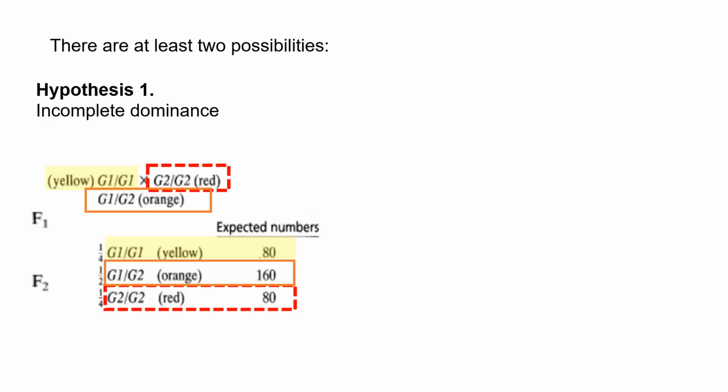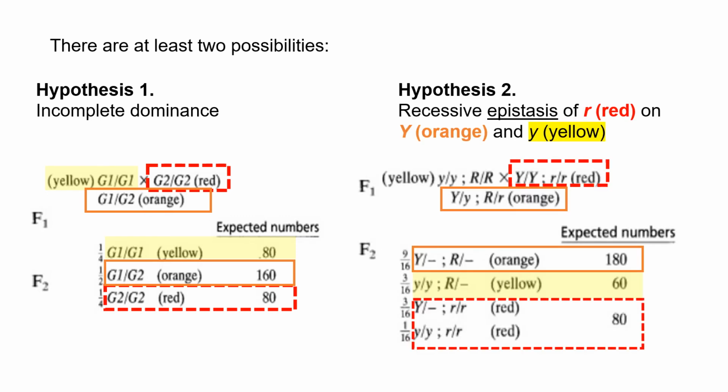Let's start working with those two hypotheses. We can make a null hypothesis for incomplete dominance, and then see the alternative hypothesis. In the other case, we can make a null hypothesis for a recessive epistasis, and try to answer those things.